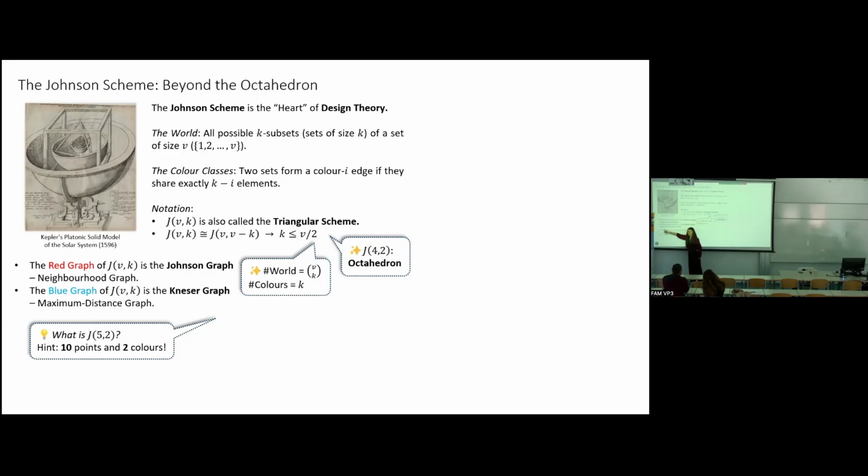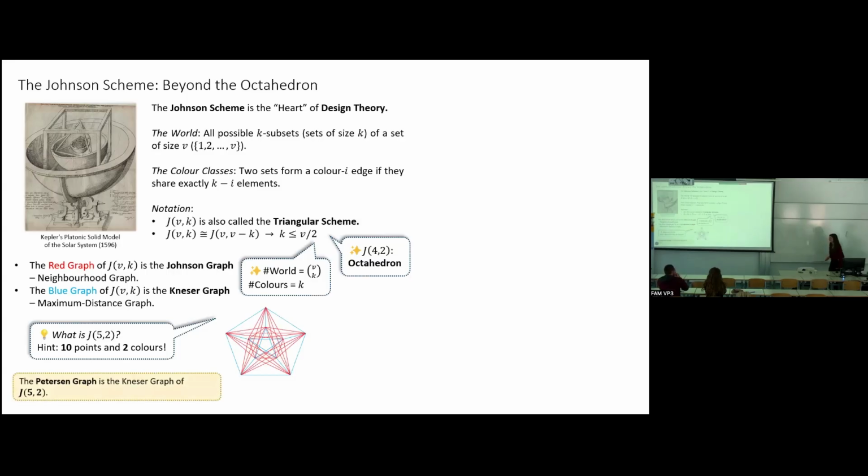The blue graph, this distance graph, belongs to this family of association schemes: the Kneser graph, the complement graph, let's say. But complement, it depends, of course. Whatever, it's a matter of notation.